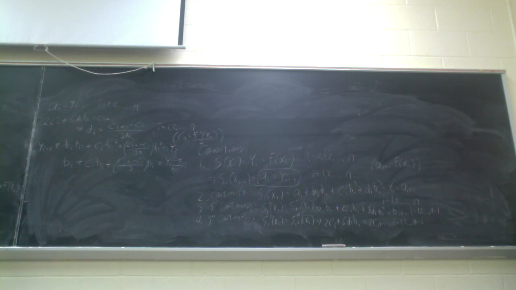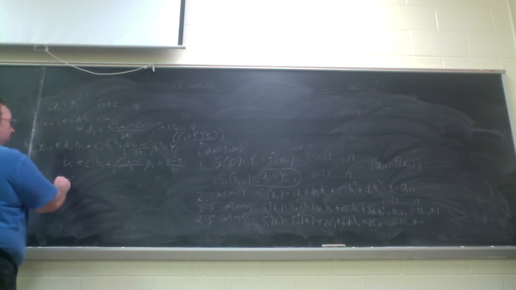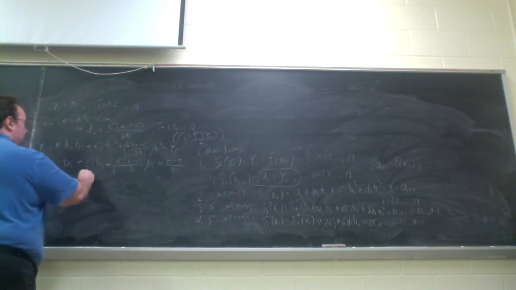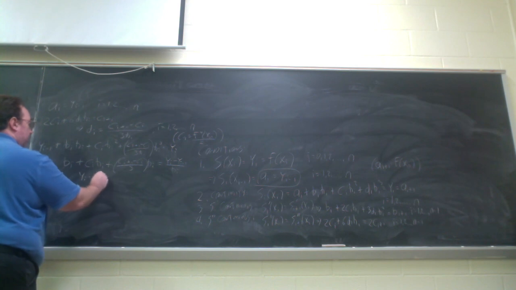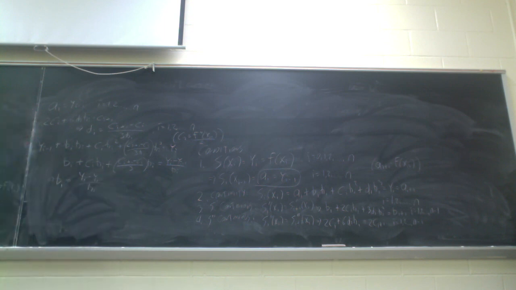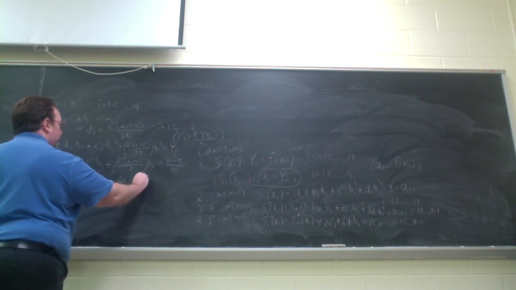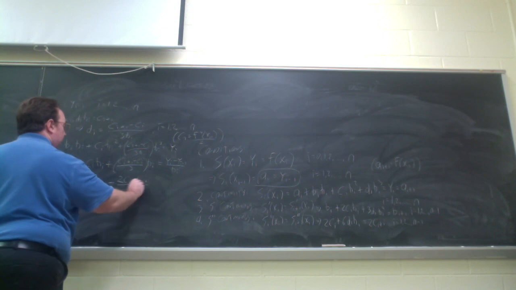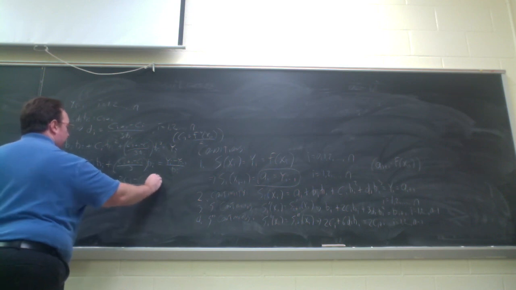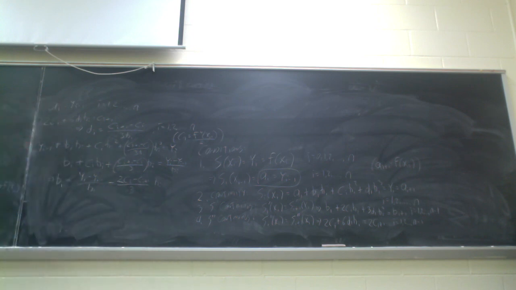So now I can solve for bi. So that would be yi minus 1 over hi, and then I have minus 2ci minus ci plus 1 hi all over 3. I'll make sure I did that right.